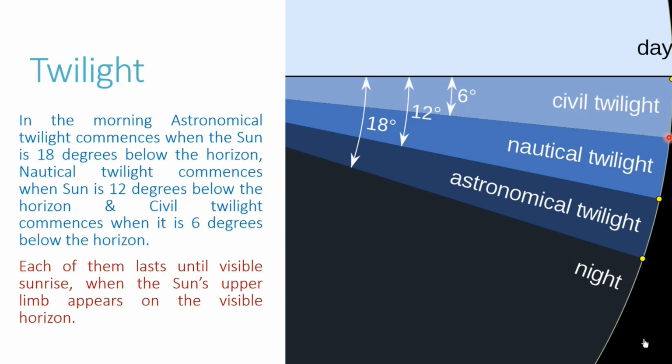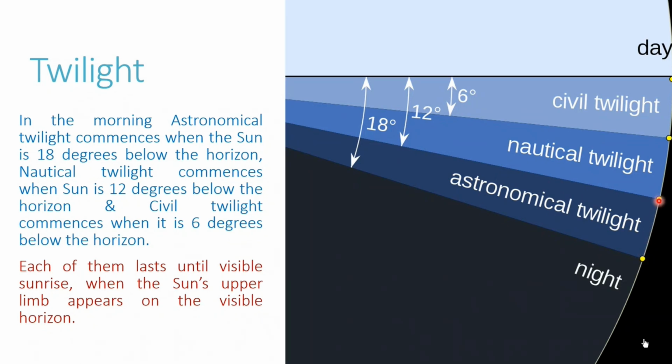The suitable period for sight taking starts at the commencement of nautical twilight in the morning, and remains up to the commencement of civil twilight in the morning. Now, why is this period suitable? If you go beyond this period into the dark blue zone, the sun is 18 to 12 degrees below the horizon.